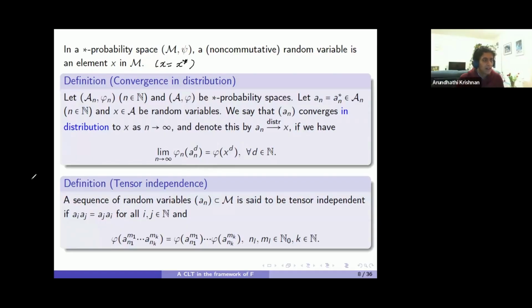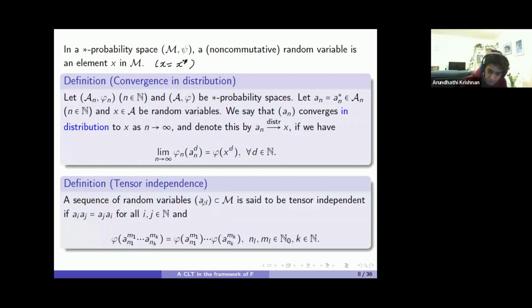So this is just classical independence as we know it, which means that the probability distribution of the product of these random variables which are independent will factorize. So this is just that notion. It's called tensor independence here because the star algebra M itself may not be commutative, but we'll say a sequence of random variables a_n in M is tensor independent if a_i a_j equals a_j a_i.